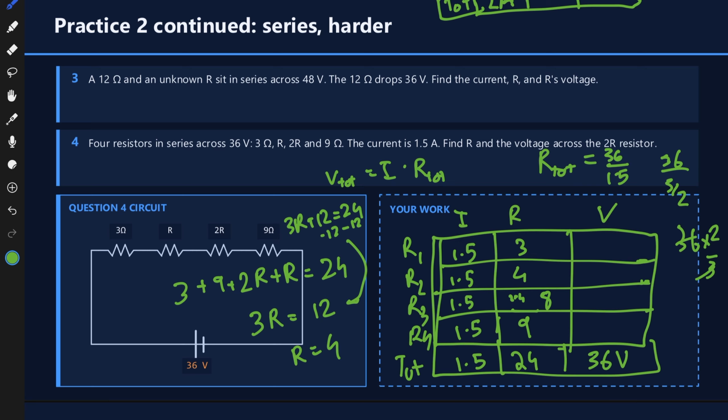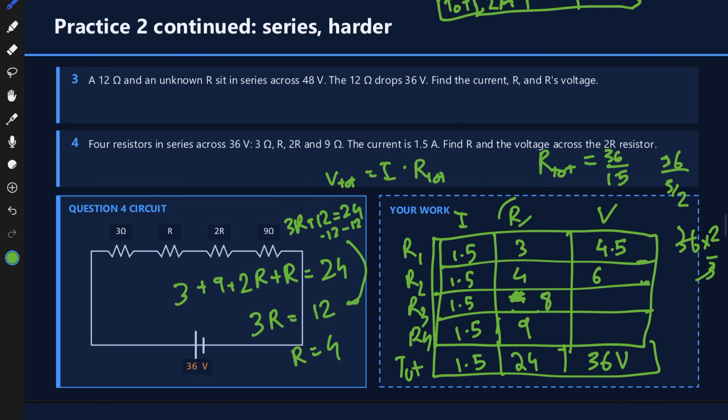So voltage here is pretty simple. Just each resistance times the current, right? So for resistance 1, voltage 1 is R1 times I. So R1 here is 3. 3 times 1.5 is 4.5. For voltage here, 4 times 1.5 is 6 volts, right? 8 times 1.5 is 12.